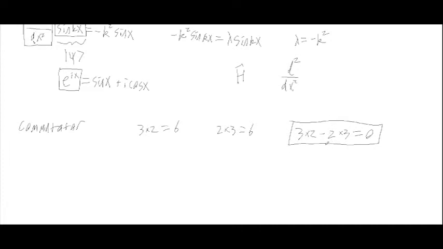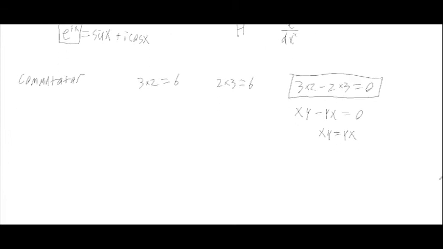And in algebra, you usually find out that this can be more general: if you have x times y minus y times x, that will also equal 0, because that's telling you that x times y is equal to y times x. But with these operators, you'll find that it is not always the case that they are commutative.